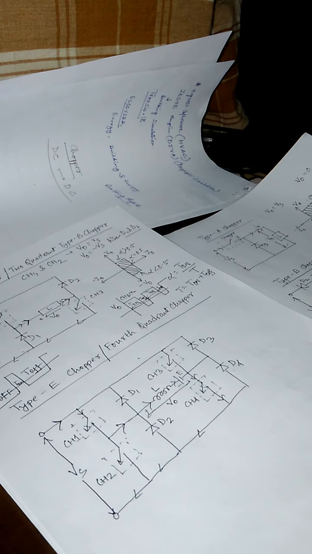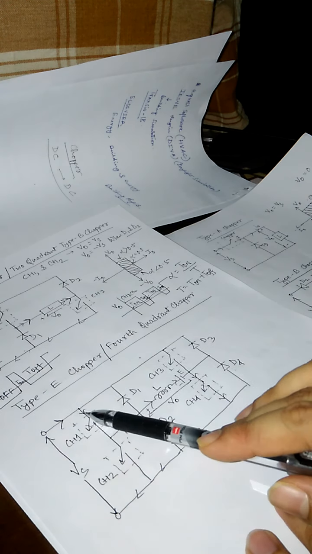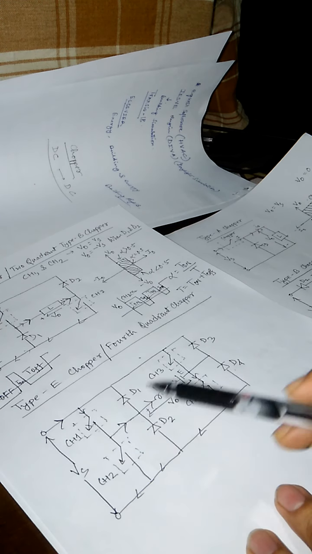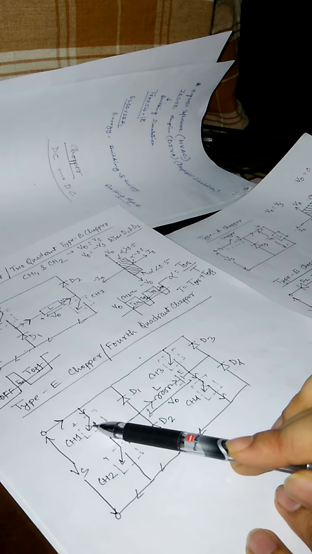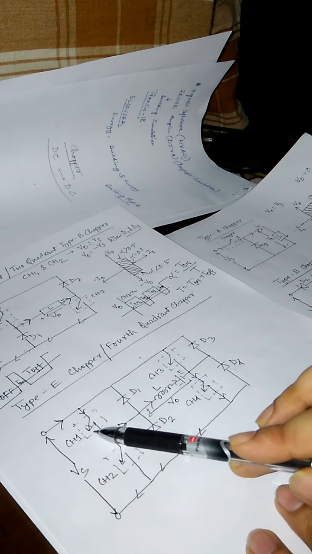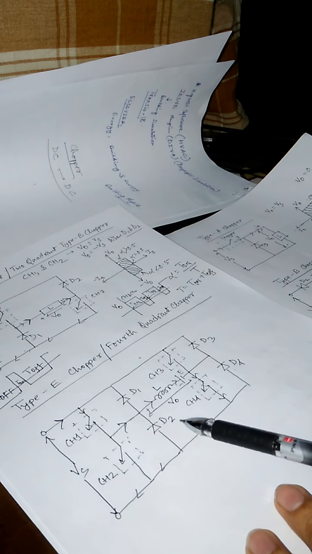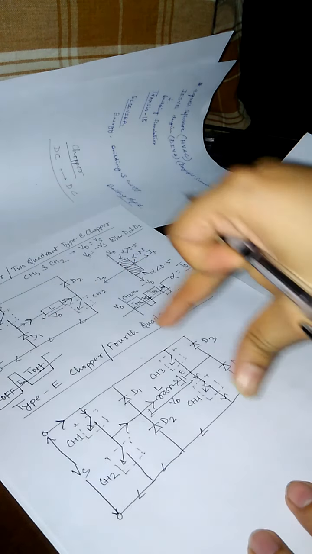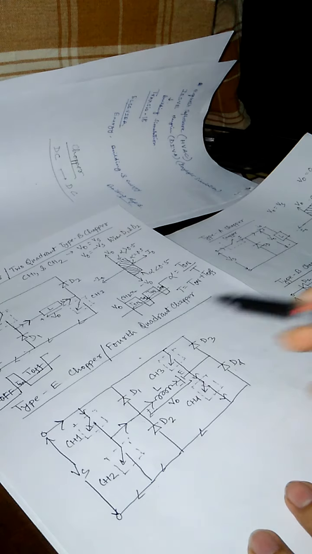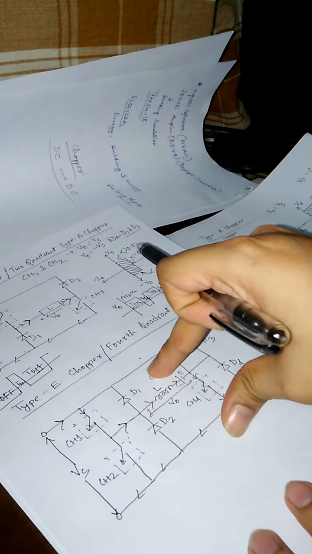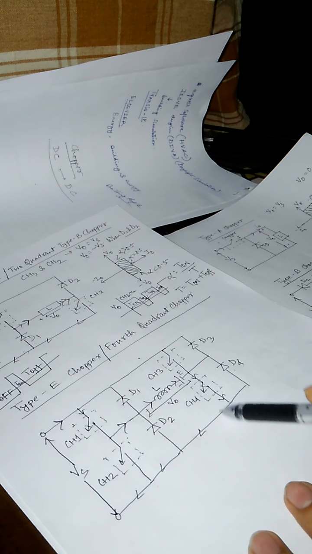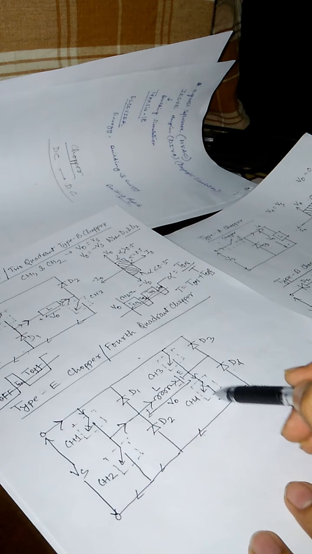Now suppose CH1 is in operating mode, and after the conduction time period is over, CH1 goes to non-conducting mode. So what will happen? CH1 is in non-conducting mode, that means the source voltage cannot be put through the load, so the current freewheels through the load, through CH4 and D2.